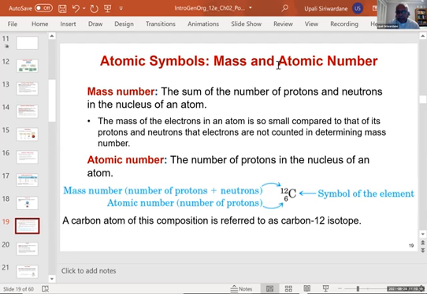Carbon 13 has 6 protons and 7 neutrons. So an atomic symbol could be written for the element as just a plain letter symbol, or as an isotopic symbol showing the mass number and the atomic number.